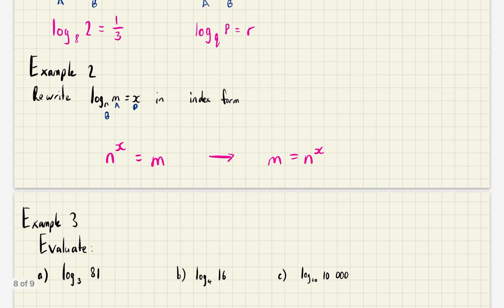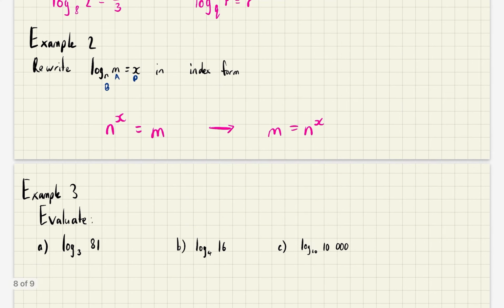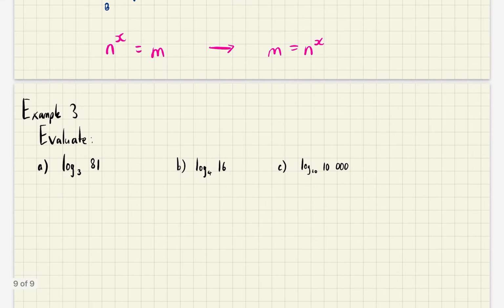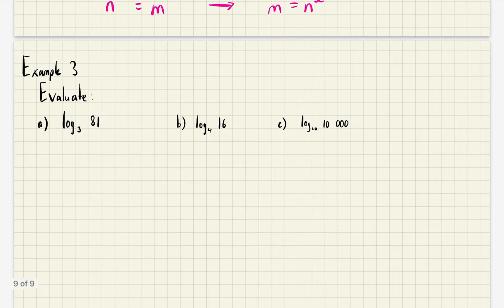Now, example 3 is talking about evaluating things, and that, like I said, cannot be done yet on a calculator unless the base is 10. So you'll see for part C, our base is 10, so we'll crack out the calculator for that one. But for A and B, we've got a log.